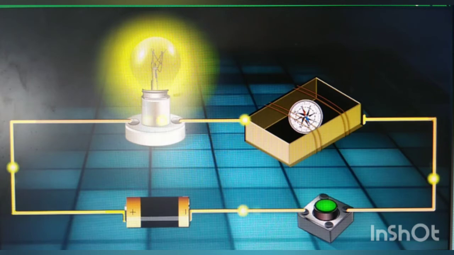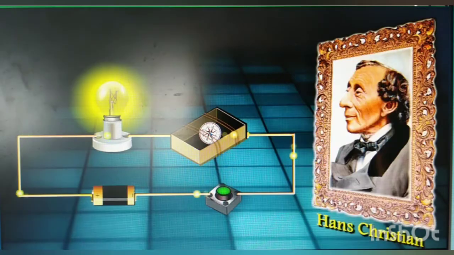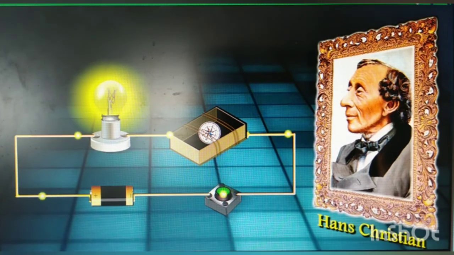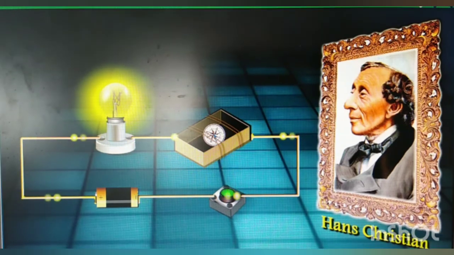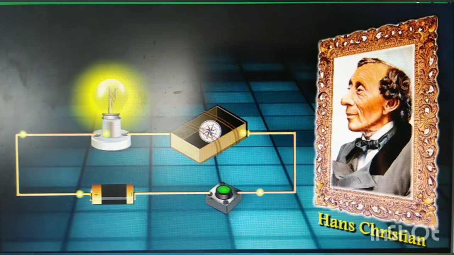This means that a magnetic field is created when an electric current flows in a wire. Hans Christian Oersted made this observation first. Briefly, we can say that when an electric current passes through a wire, a magnetic field is produced around that wire.